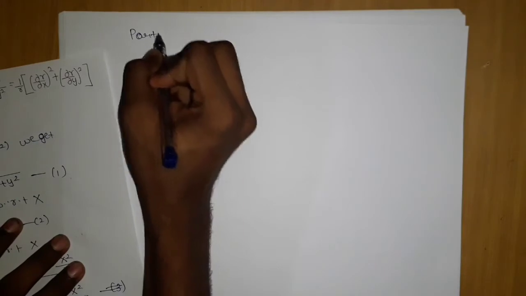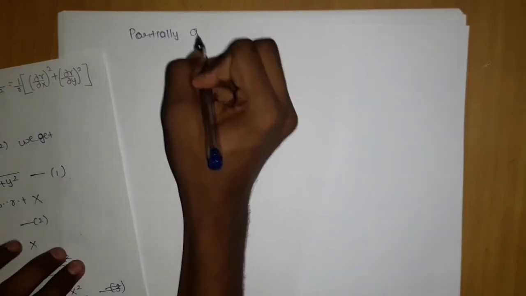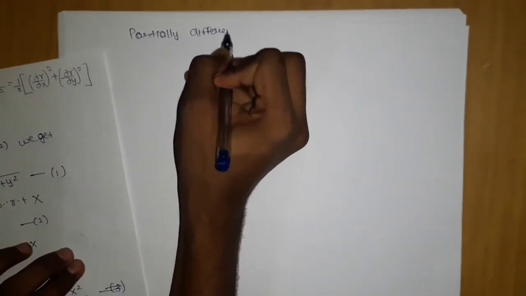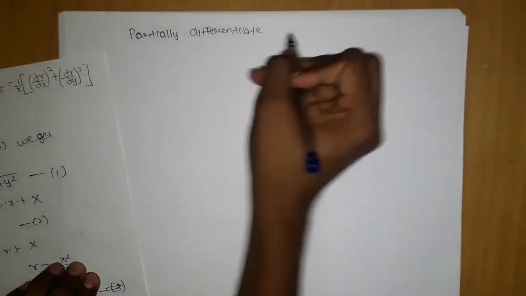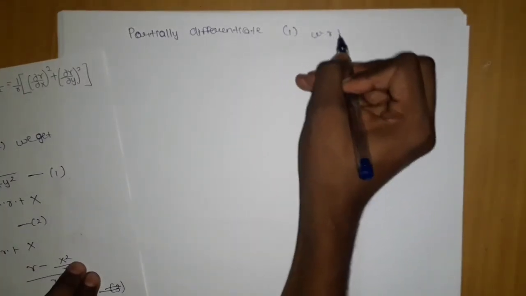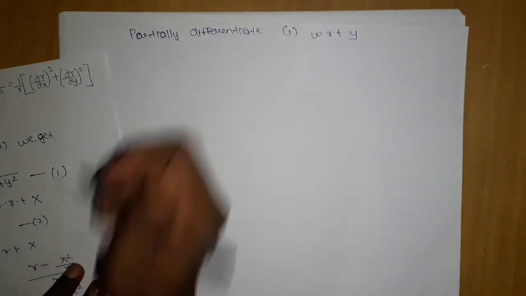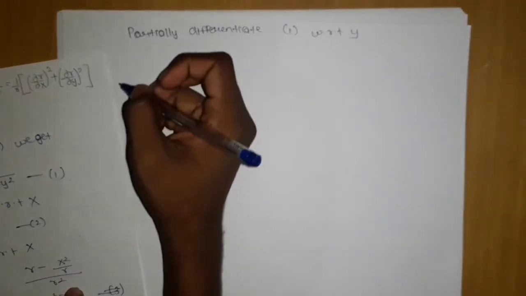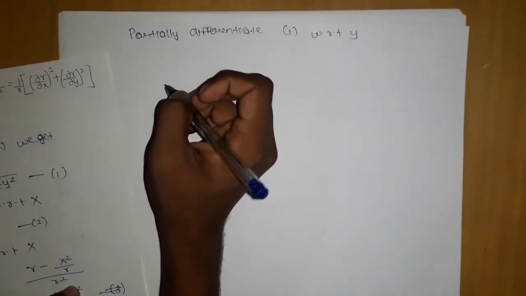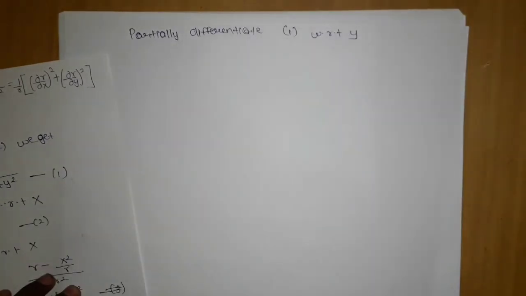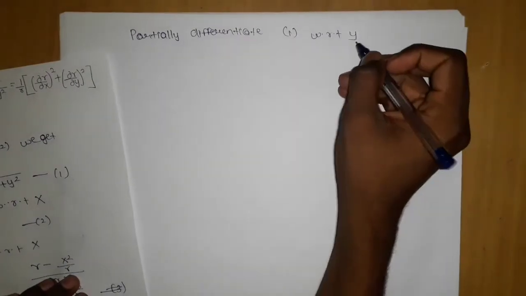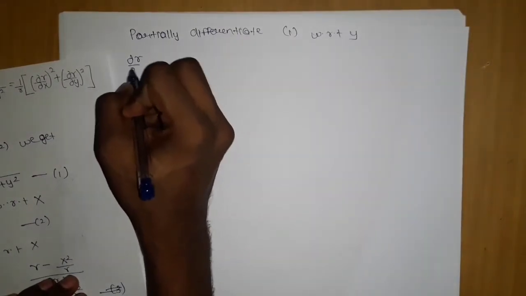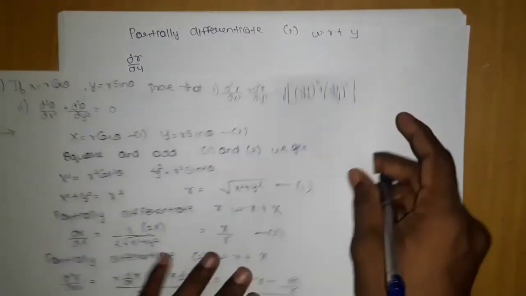Now partially differentiate 1 with respect to y. What we are going to get is dou r by dou y. Let me check the function.